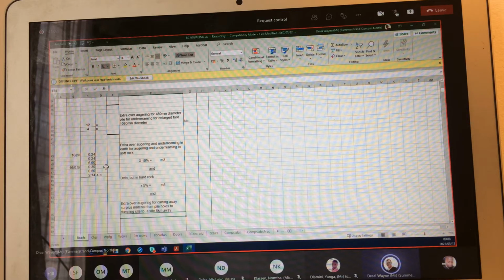Then I asked a question 2 weeks ago. Which one do you prefer? The one where you have that divided as a cylinder and then as a partial pyramid, where we use the Prismoidal formula.